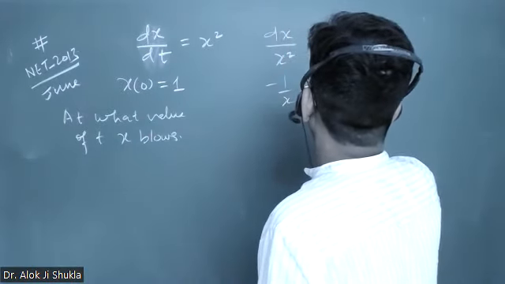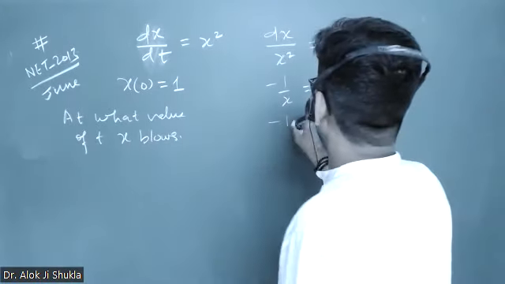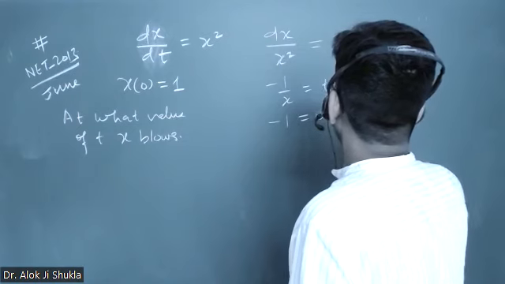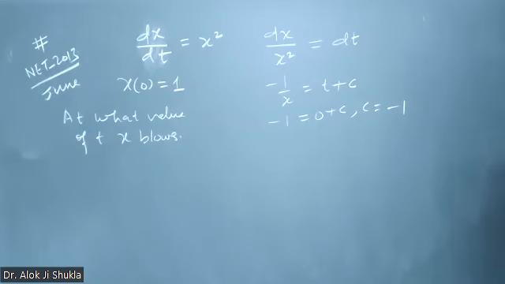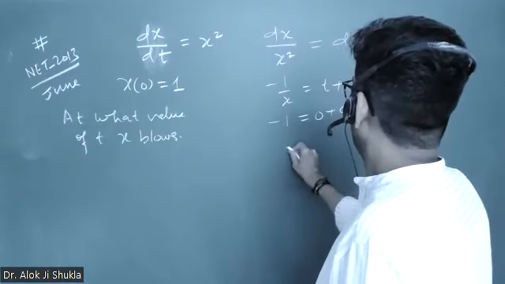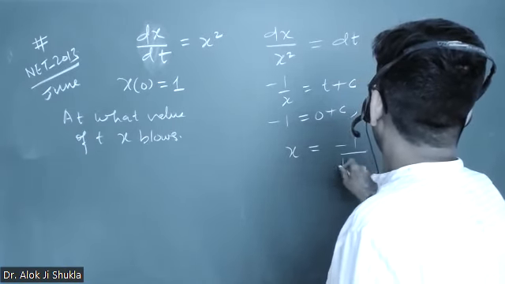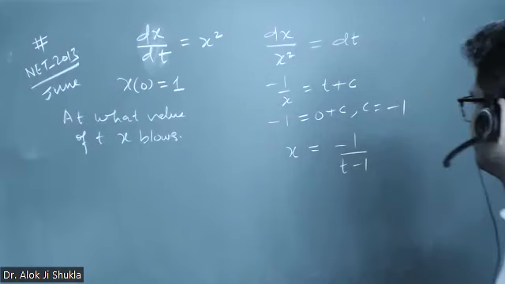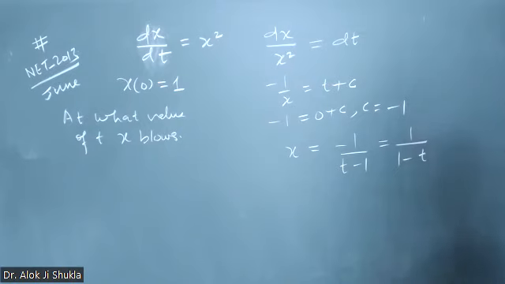Minus 1 by x is equal to t plus c. x at 0 is 1. So minus 1 is equal to 0 plus c. c is equal to minus 1. And put it here. So x is equal to minus 1 by (t minus 1), which is 1 upon (1 minus t).